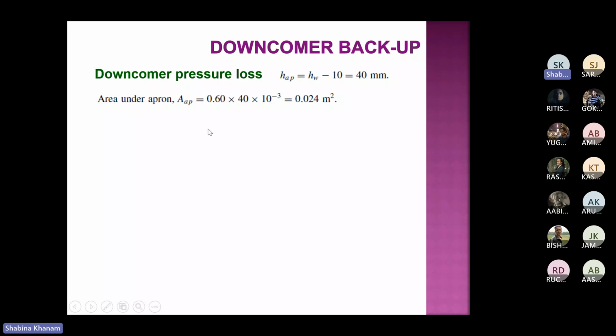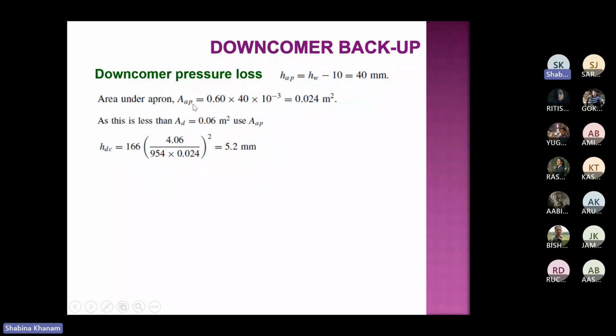Okay, so area under the apron, that is AAP, that is weir length into this HAP, which is coming as 0.024 meter square. Downcomer area we have taken as 0.06, which we have already calculated before. So what we need to consider, we need to choose minimum among these two.